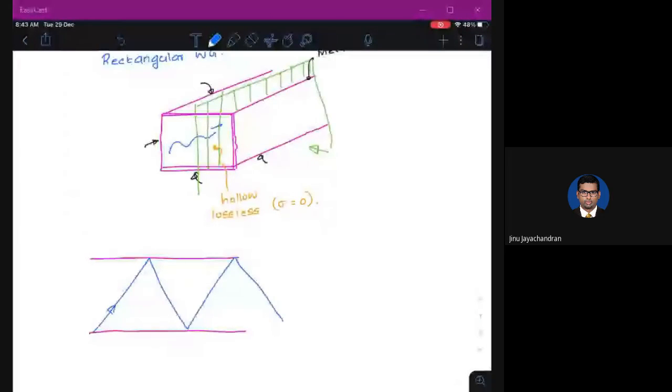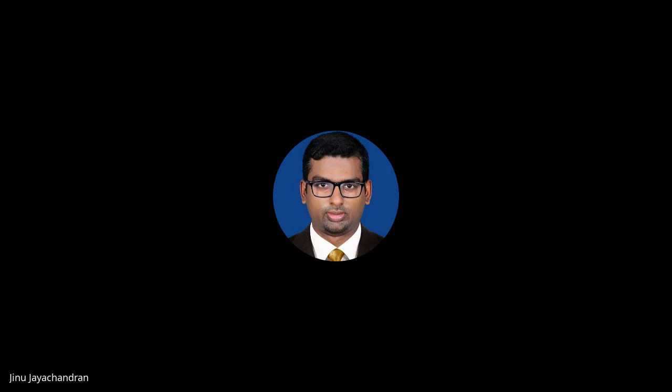Okay, and the wave definitely has a magnetic field and an electric field.